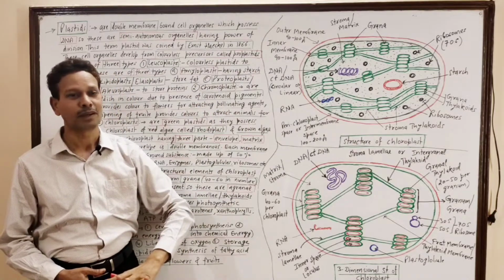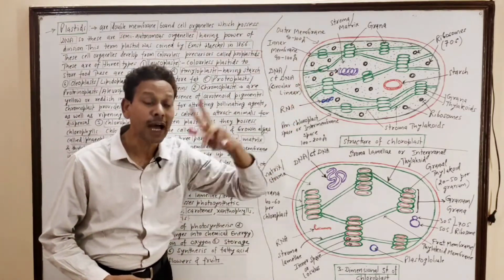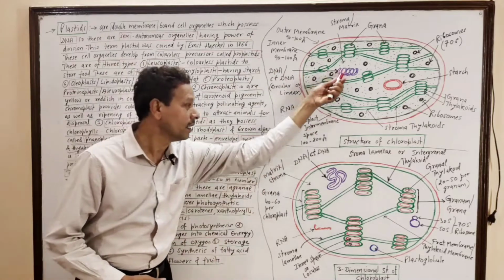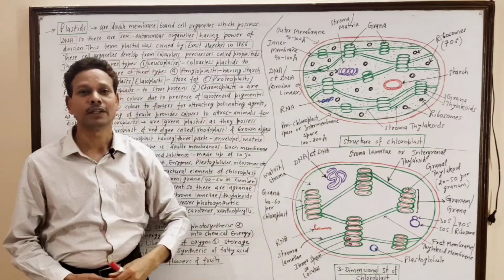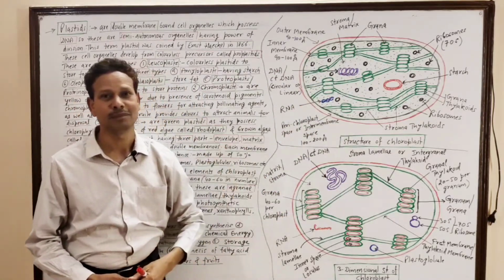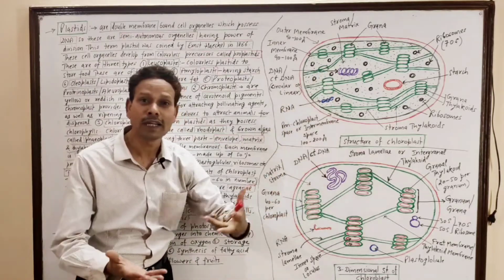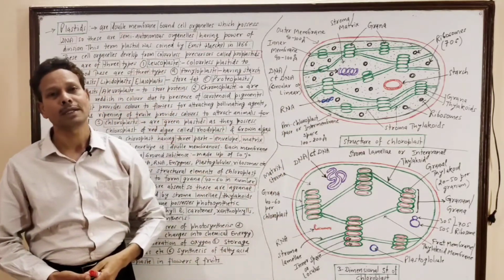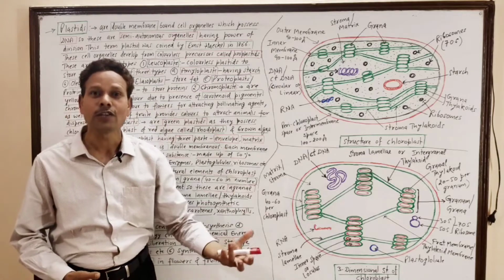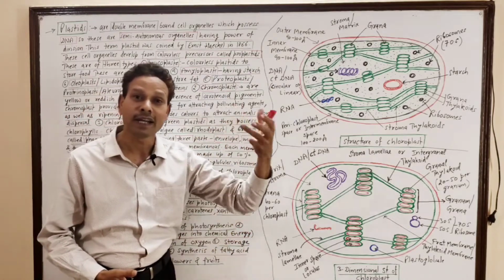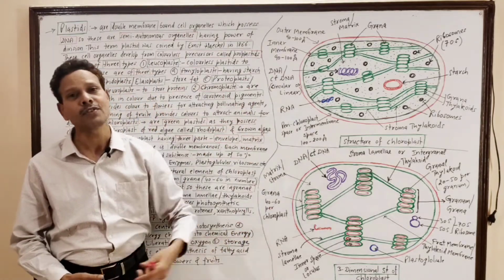1866. In these plastids, like mitochondria, DNA molecule is present. Due to presence of DNA, these cell organelles are semi-autonomous. As in case of mitochondria, the circular naked DNA is present that was double-stranded.